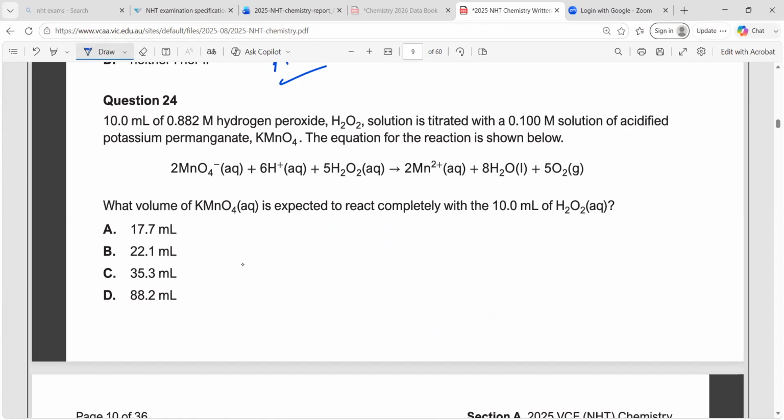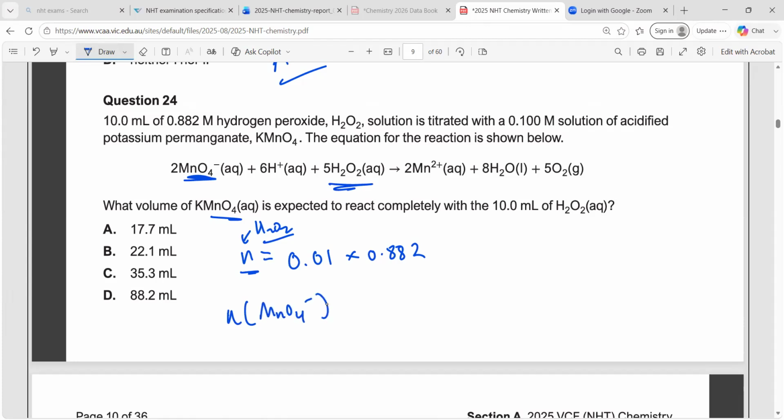Pretty easy. You just want to find out moles, which is volume times concentration. So 0.01 times 0.882. That's moles of H2O2. And you want to find out the moles of MnO4 minus, which is reacting with this, and there's a molar ratio of 2 over 5. So moles of MnO4 minus is 2 over 5 times 0.01 times 0.882.